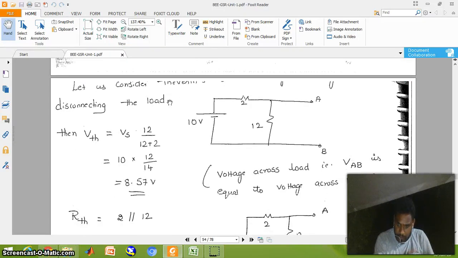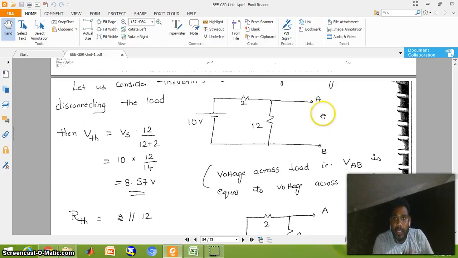According to Thevenin's theorem, the total network is converted into a single voltage source and a single resistance. That single voltage source is called Thevenin's voltage. For calculation of Thevenin's voltage, that resistance is replaced by an open circuit.